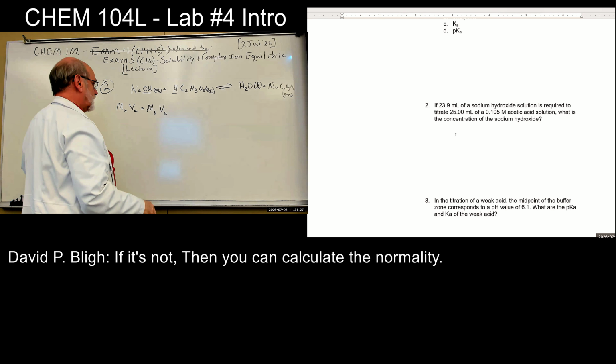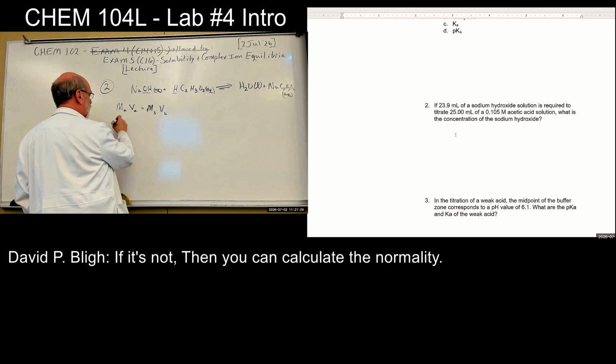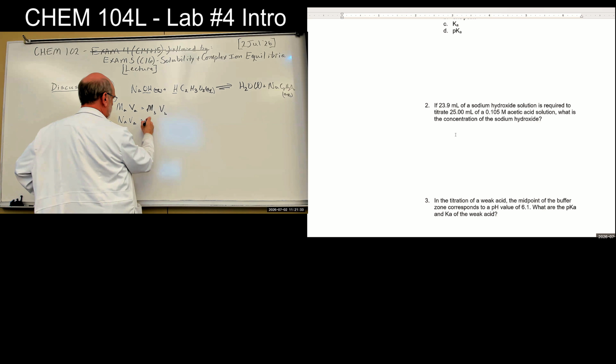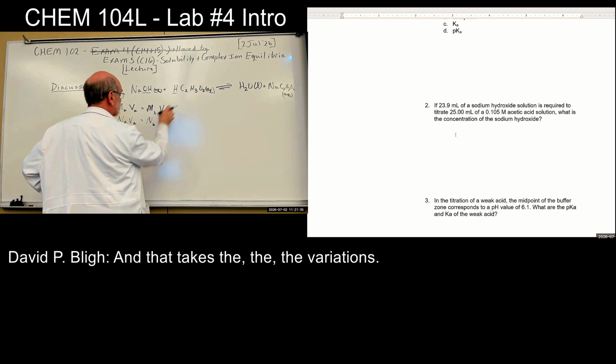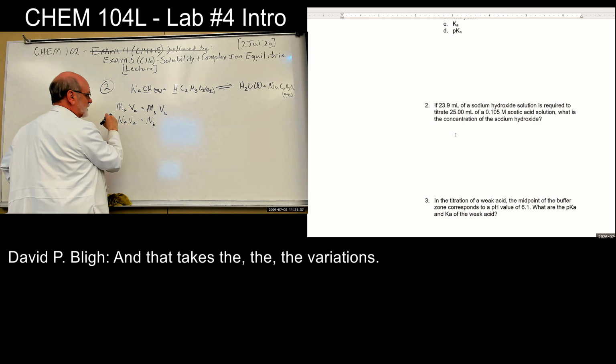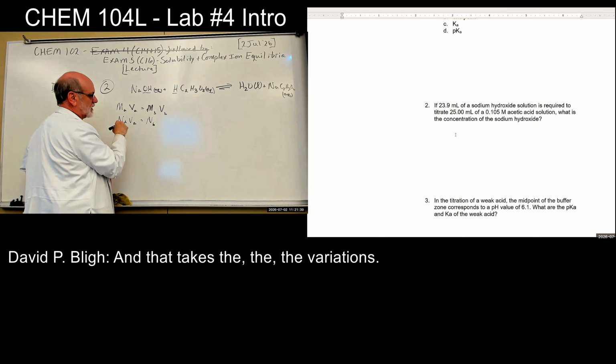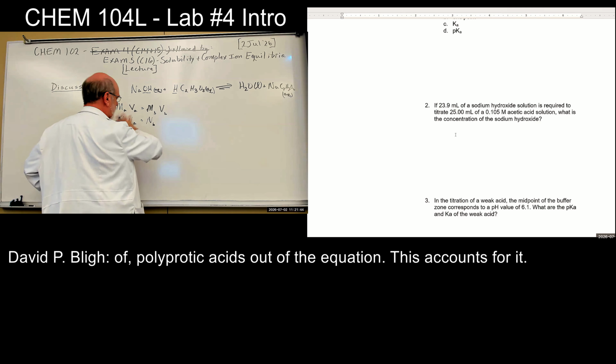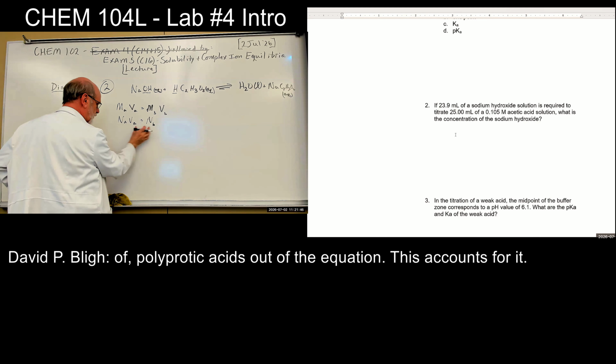If it's not, then you can calculate the normality of the acid, and that takes the variations of polyprotic acids out of the equation.